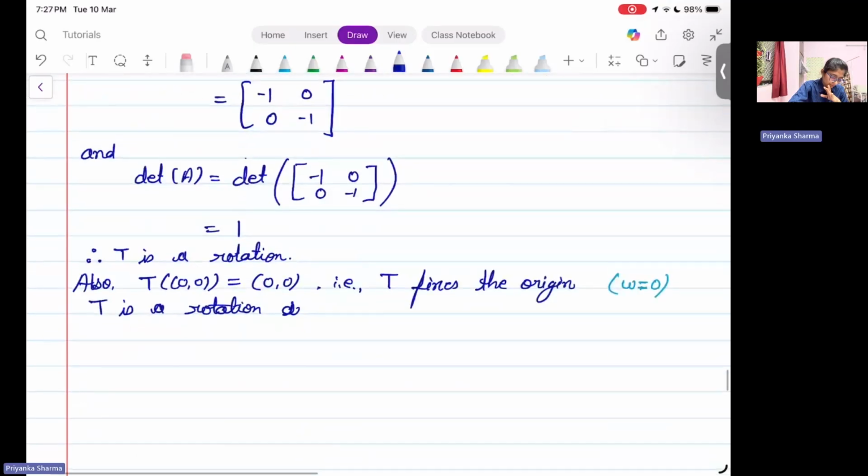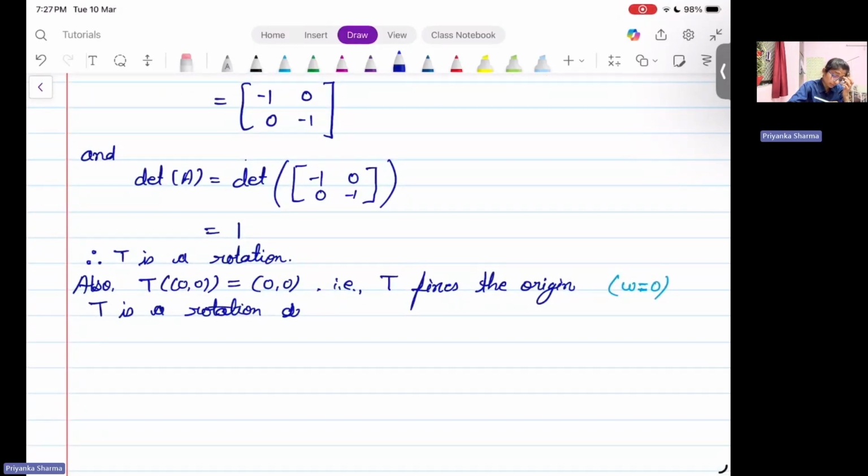As the rotation fixes the origin, this will be a rotation about the origin.